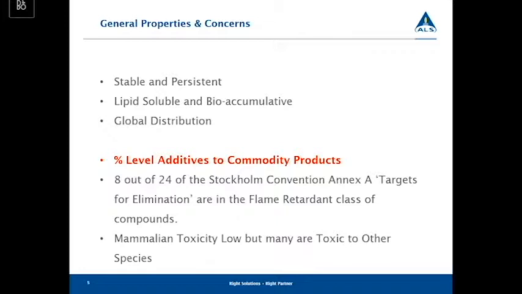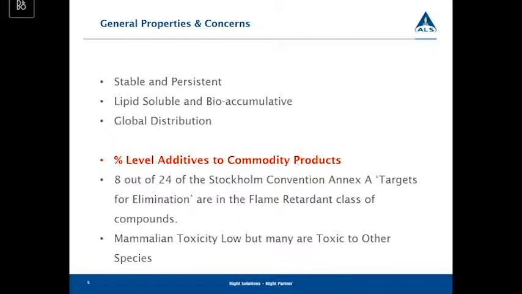And the other issue, which is really important, is that it is global. There's global distribution. And unlike some other contaminants, even like pesticides, these are at percent levels in commodity products. So huge amounts of these materials are being produced. Huge amounts of them are being sold in the form of commodity products at percent levels.